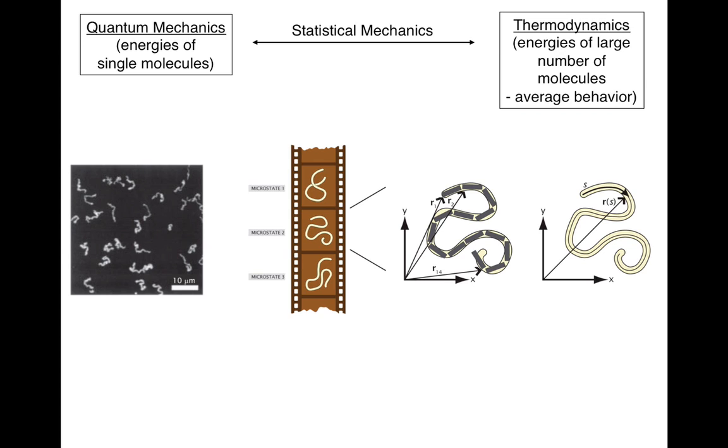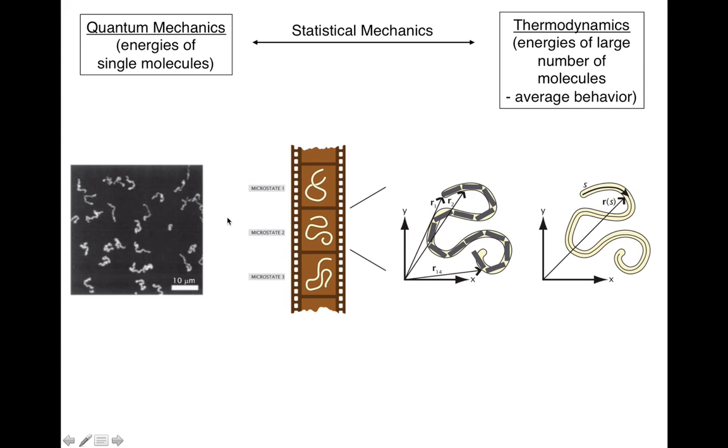And you can visualize this here. For example, this is a picture of some DNA molecules, and imagine looking over all these. In this group of molecules, they all have somewhat different structures, and they're fluctuating. And you can imagine binning them by different what are called microstates, that each of these microstates is a different conformation, therefore has a somewhat different energy.